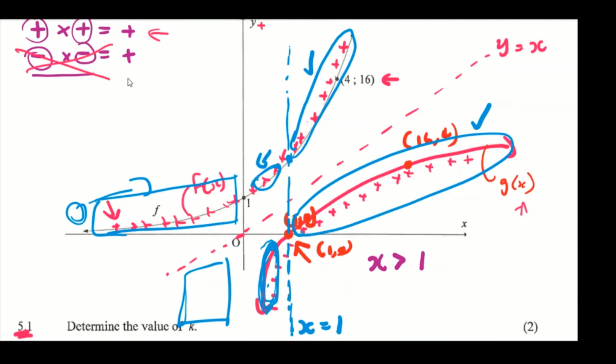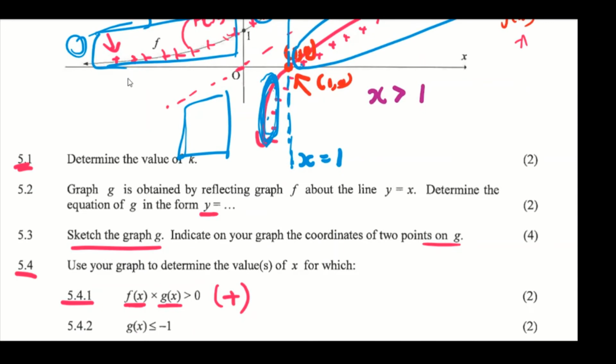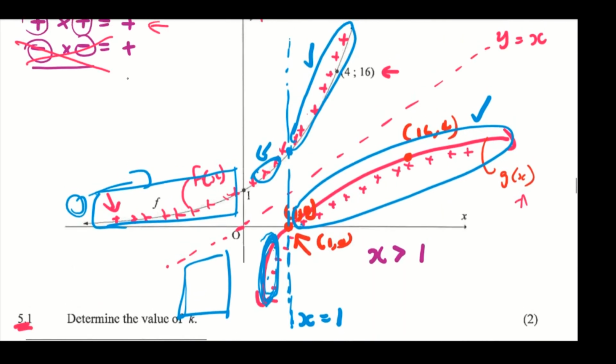Why am I using greater, not equals to? It's because of this inequality sign. It's just saying greater. If it had an equals to, then I was going to put an equals to, but because it just said greater, I'm just going to use greater.